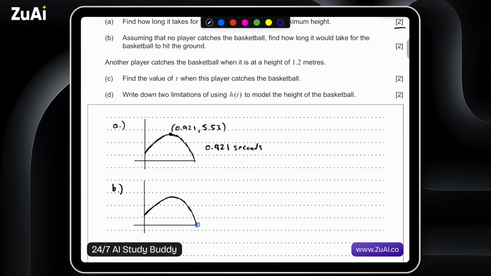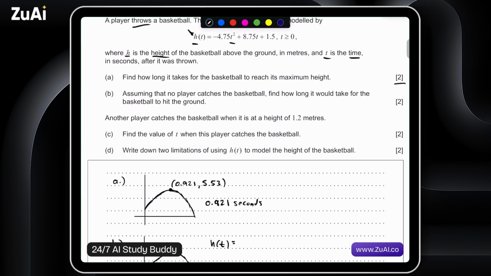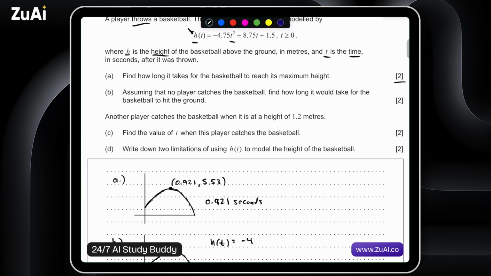But essentially we could also say, okay, if we have this function h(t) = -4.75t² + 8.75t + 1.5, we can just ask, well, if h is equal to 0, what is the value of t that makes this true?